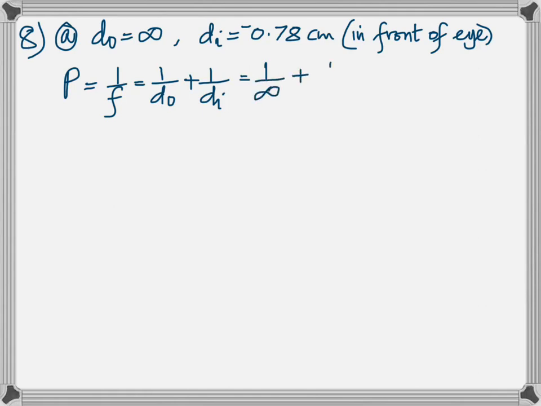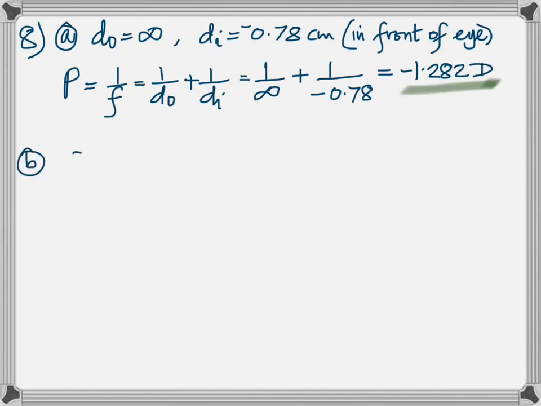DO is infinite, DI is 0.78 negative. That's why it's in front of the eye. It's a virtual image, that's why it's negative. So you need negative 1.282 diopter for that.